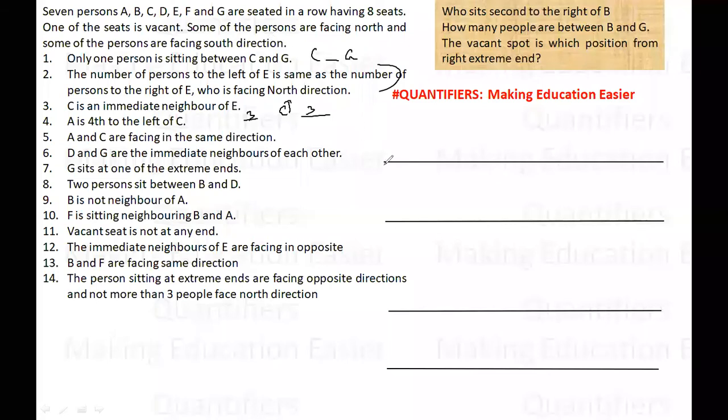Let's take some cases. 1, 2, 3, 4, 5, 6, 7, 8. Now there are 3 people on the right side of E and 3 on the left side of E.